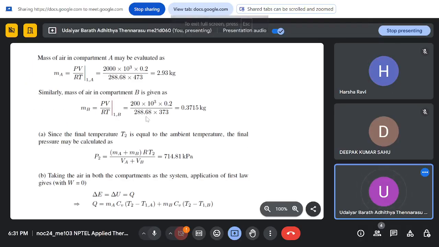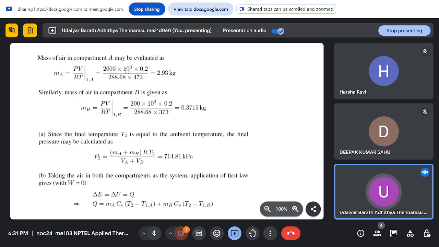First we'll estimate the mass in each of the compartments. Considering compartment A, we can assume the air to be an ideal gas and apply the ideal gas law to estimate the mass of air in compartment A. So mA equals PV by RT. Pressure is 2 megapascal, or 2 into 10 power 6 pascals.